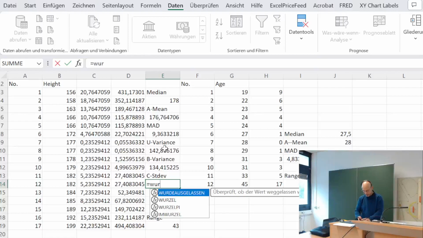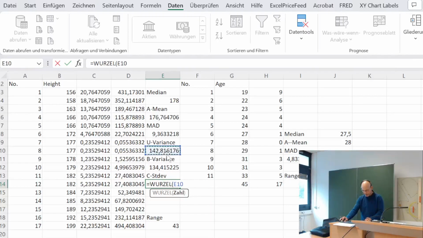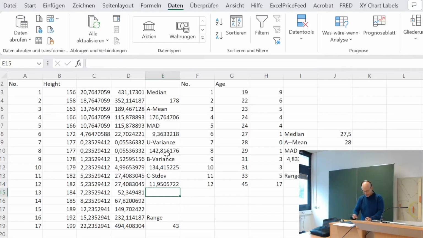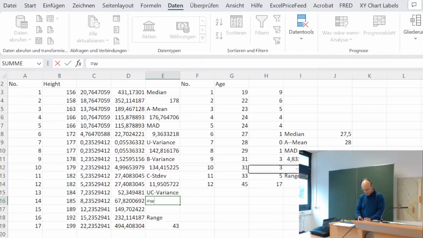So equals square root of the unbiased variance, and the uncorrected standard deviation is just the square root of our biased variance.